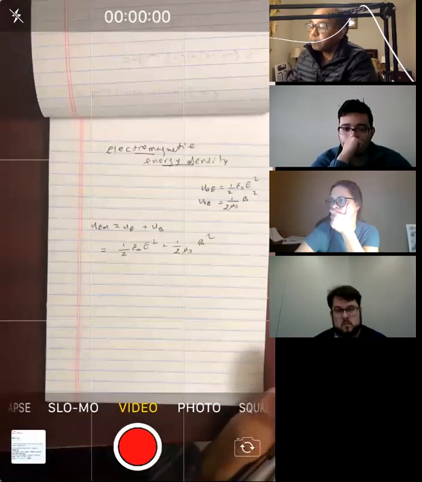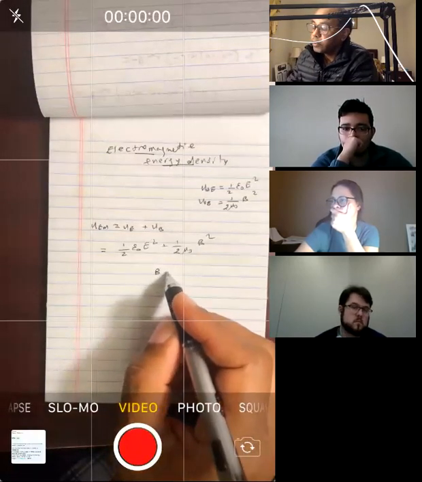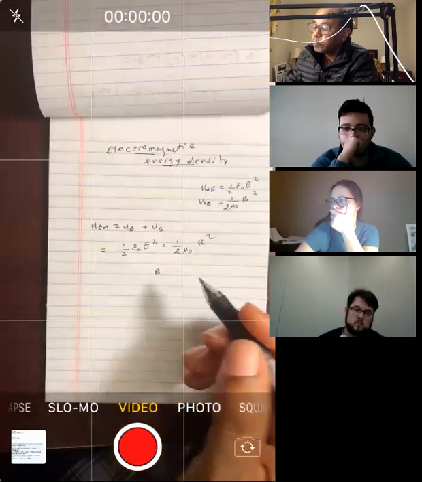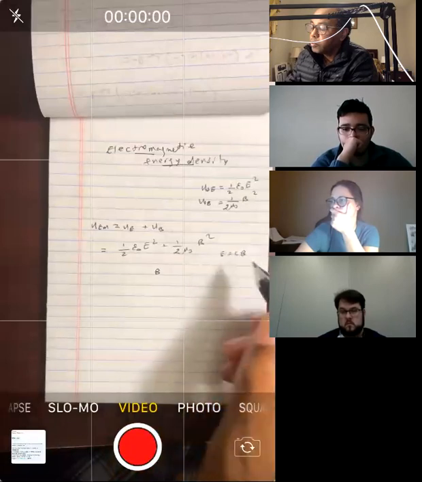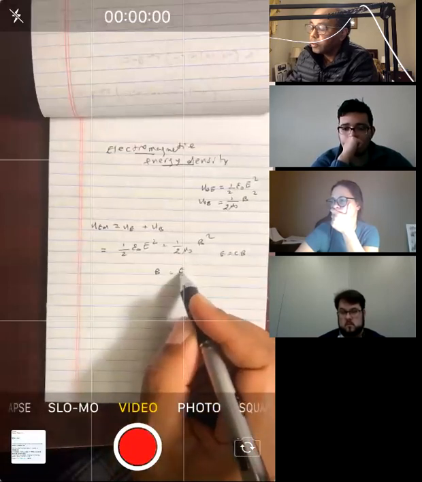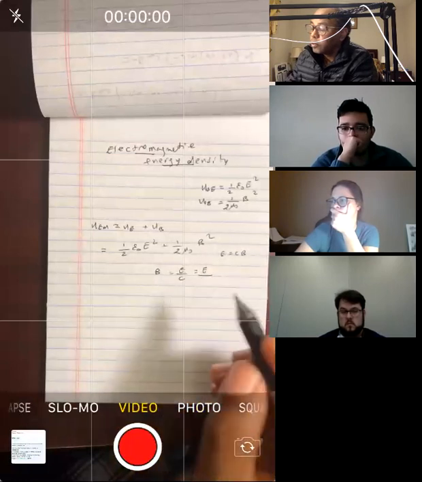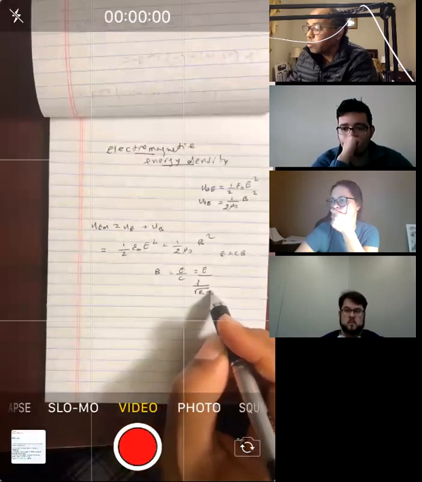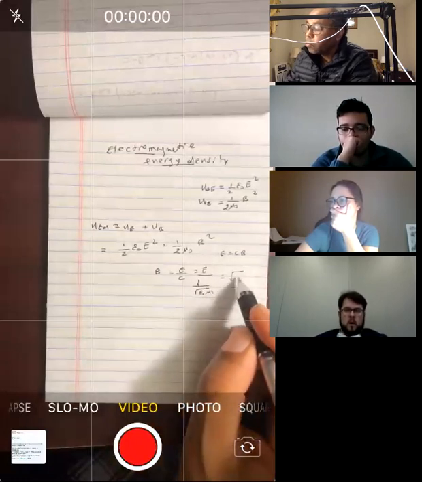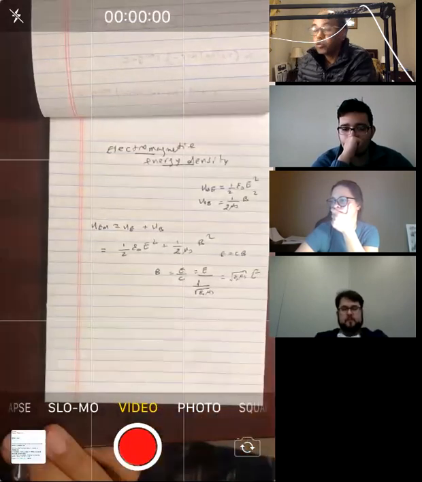But let's combine them. We've got the formula E equals C times B, so B equals E over C, right? Or E over 1 over square root of epsilon mu naught, so that's going to be square root of epsilon times mu naught times E. That's what B is.